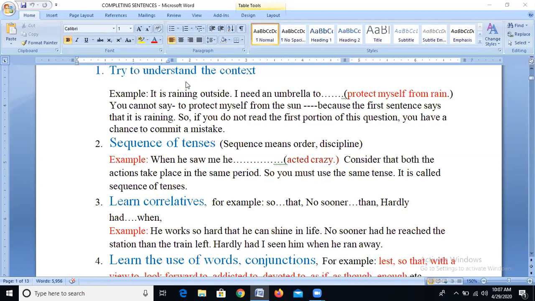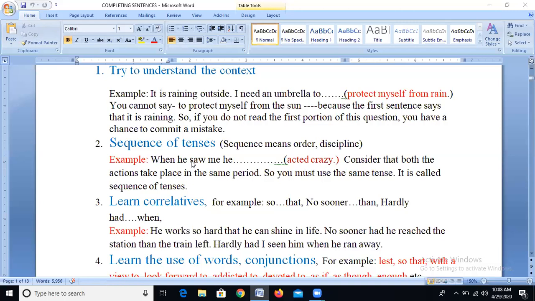So while you will choose the next clause to complete this sentence, you must maintain the sequence of tense. That is, the next clause should be in the past tense. When he saw me, it is in past tense, so the next clause should be he acted crazy. If you write he acts crazy, that would be wrong. Why?